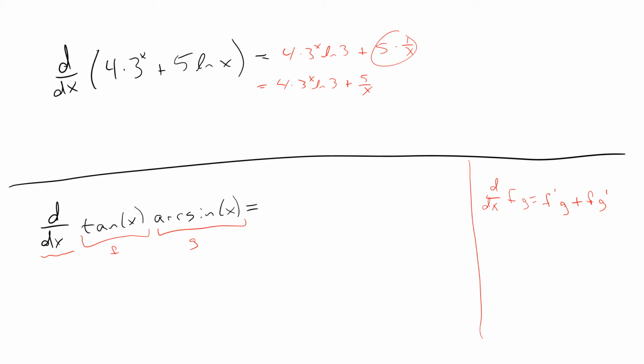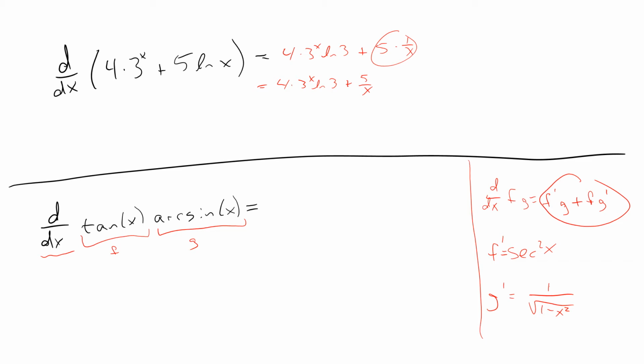Okay. On the second one, with some quick scratch work, we have f prime would be secant squared, and g prime is 1 over the square root of 1 minus x squared. And then applying our product rule, we just put all the pieces where they belong.